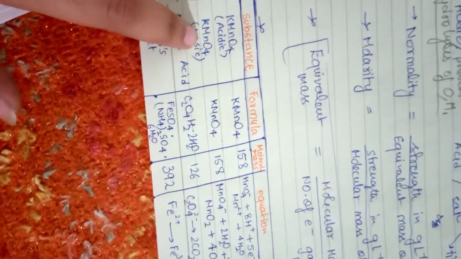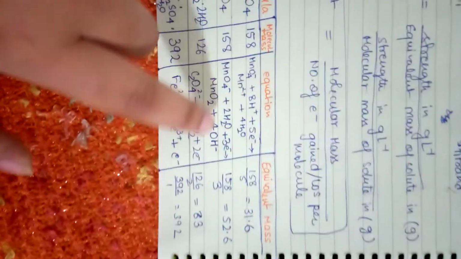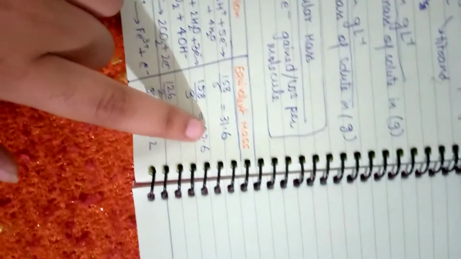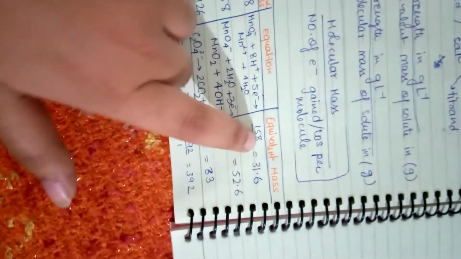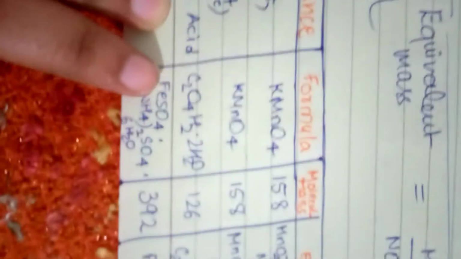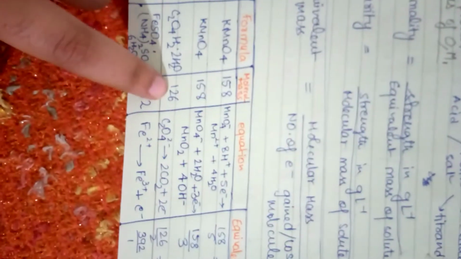Next we take it in basic medium. The formula is the same, but the equation changes and it involves only 3 electrons. So divided by 3 we got 52.6, its equivalent mass. We talk about oxalic acid, whose formula is C2O4H2.2H2O, and the molecular mass is 126.